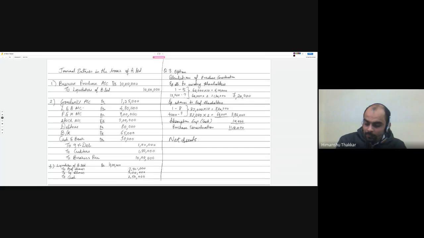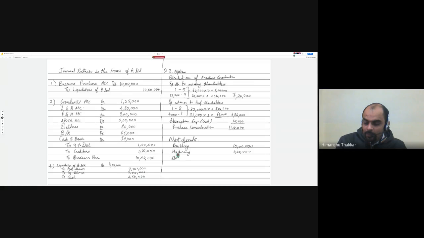First is building. Building you are taking at 10 lakhs. Then comes machinery. Just look at the old balance sheet, and if any adjustment is given for net assets, you can take the new value, otherwise just take the old value. Machinery 4 lakh 20,000. Just check new values are also given.